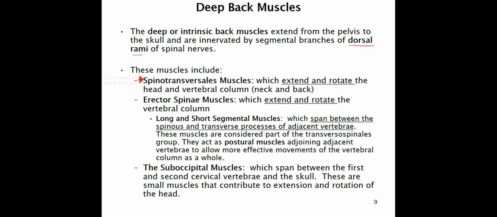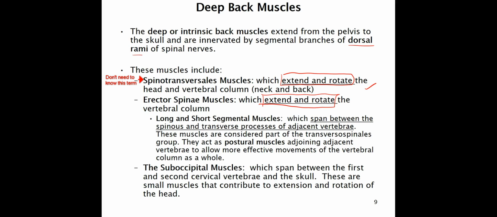We have a couple categories. We have the spinotransversalis muscles, and these muscles are really important for extending and rotating the head and the vertebral column. We have the erector spinae muscles, which again are there to extend and rotate. The erector spinae muscles are both the very long muscles that I showed on the previous slides, and muscles deep to those.